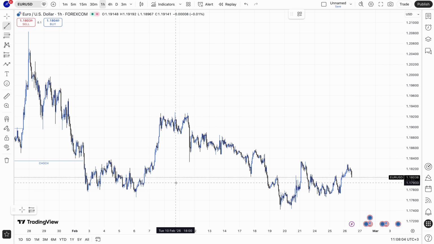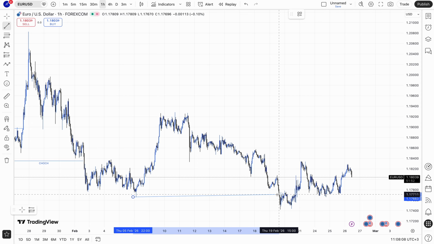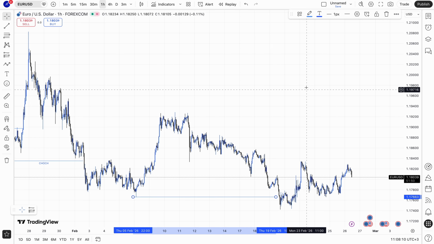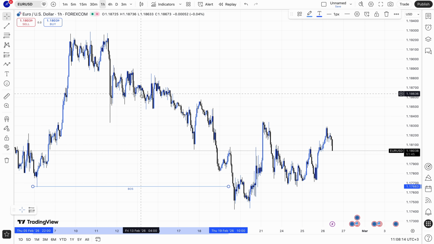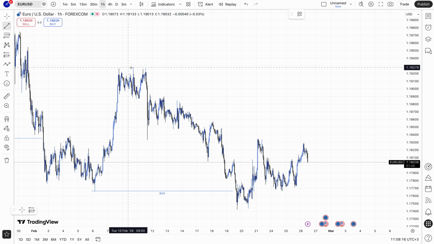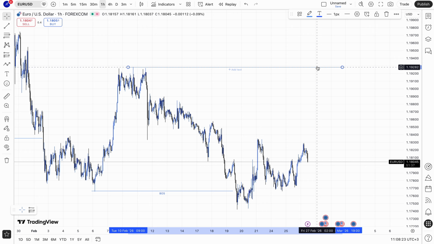Then we had our break of structure to the downside continuation. Now you can still understand this. The Euro USD is still bearish on external and internal market structure, right?